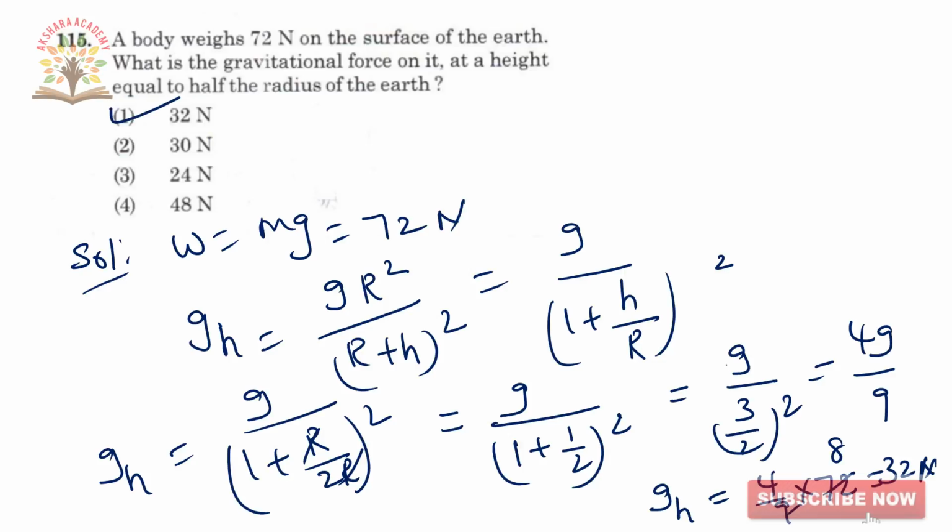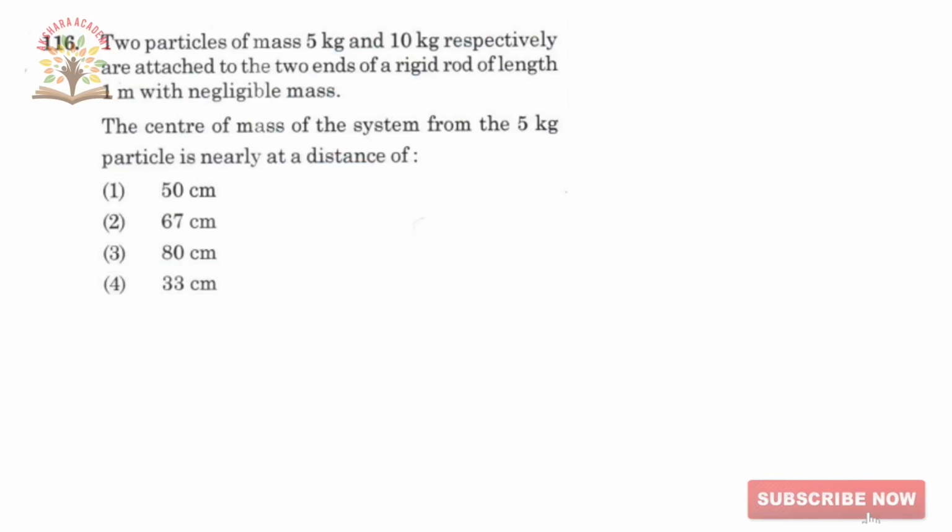Next we will go to question number 116. In 116, here we are calculating the center of mass. Now I am writing the solution. 5 kilogram and another one 10 kilogram, separated by 1 meter.